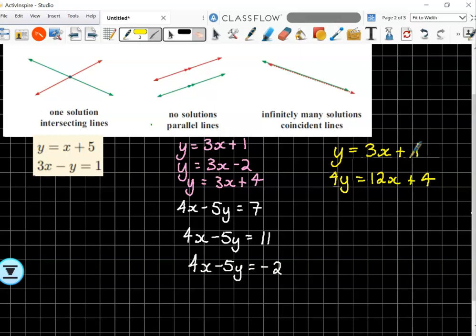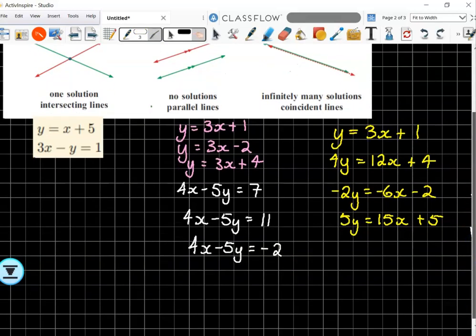Another coincident line could be... Who could give me another coincident line? Go, Zoe. Give me a coincident line, another one. All I've done to get this is I've times everything through by 4. 5y equals 15x, add 5. Correct.